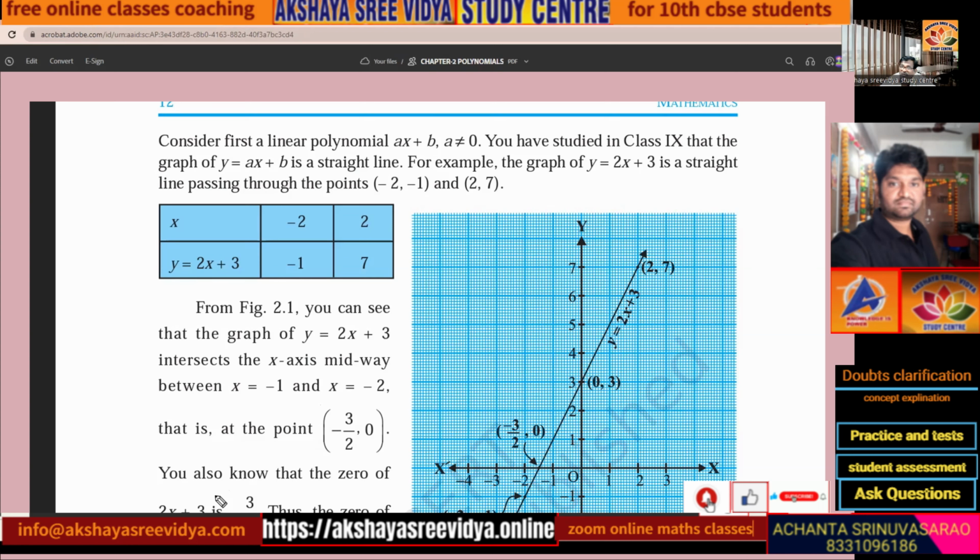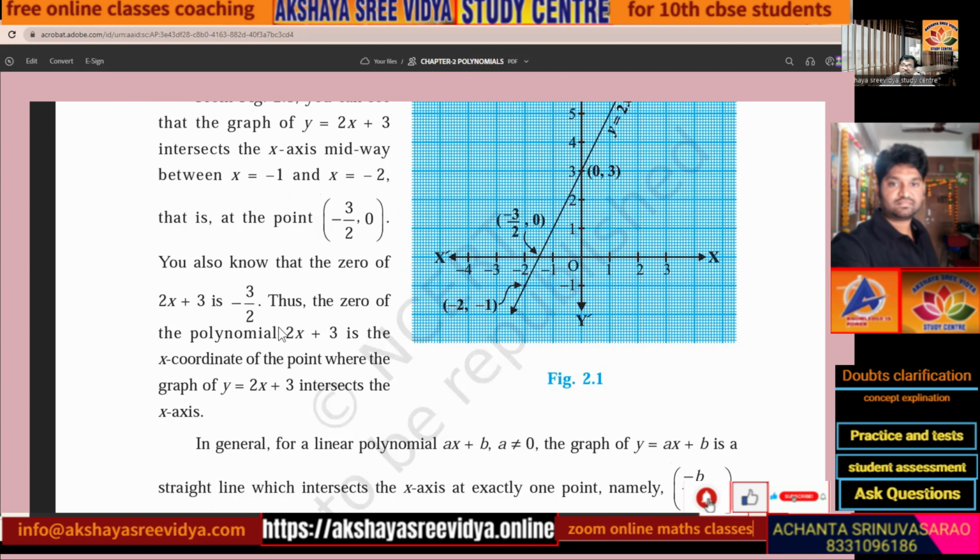You also know that the zero of the polynomial 2x plus 3 is -3/2. Thus, the zero of the polynomial 2x plus 3 is the x coordinate of the point where the graph of y is equal to 2x plus 3 intersects the x-axis.